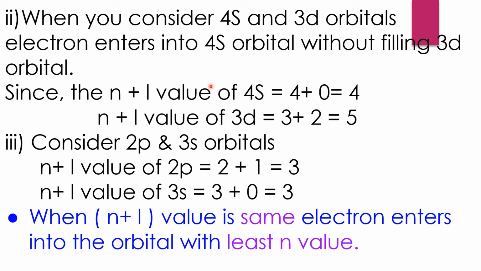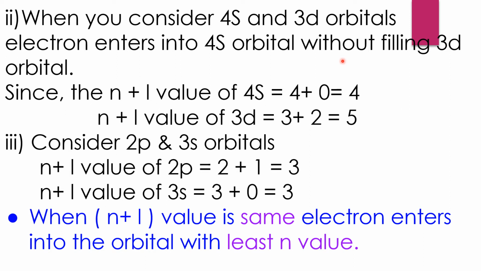But here, when you consider 4s and 3d, the electron will enter the 4s orbital without filling the 3d orbital. The reason for this is that the Aufbau principle rule has to be followed. Though the pattern is the filling up of the lower energy level, within the energy level also they have to obey it.